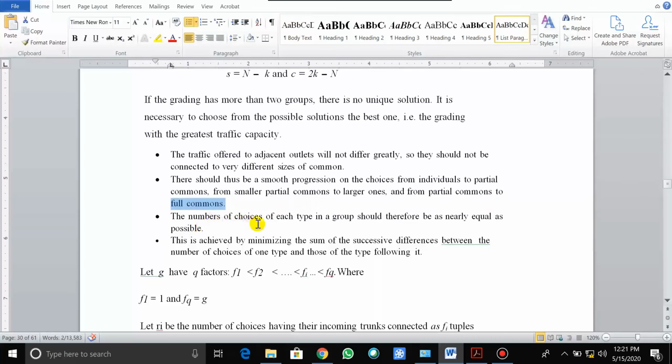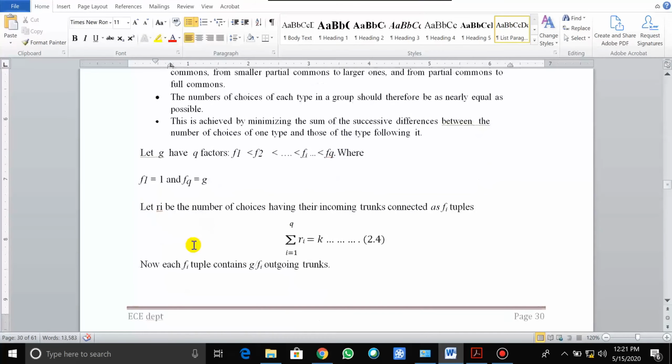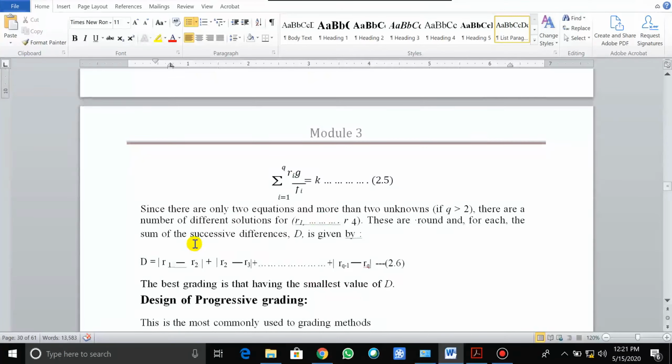The number of choices of each type of group should therefore be as nearly equal as possible, and this is achieved by the minimization of the sum of successive differences between the number of choices of one type and those of the type following. So now we have to discuss the mathematical terms by the equations.